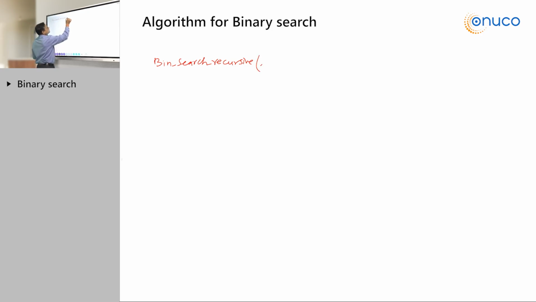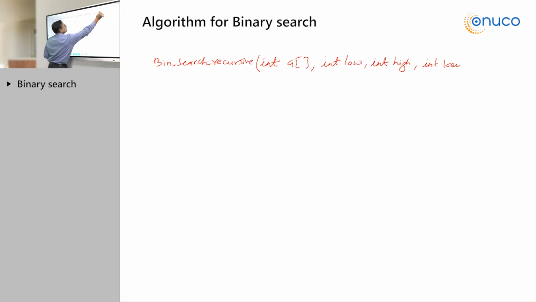So here we'll have an array int a, and we'll have int low index, int high index, and int key element to be searched.